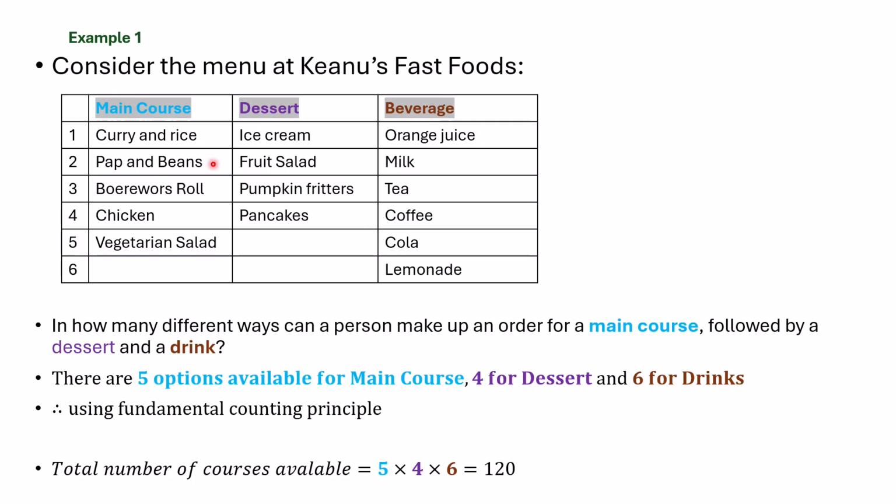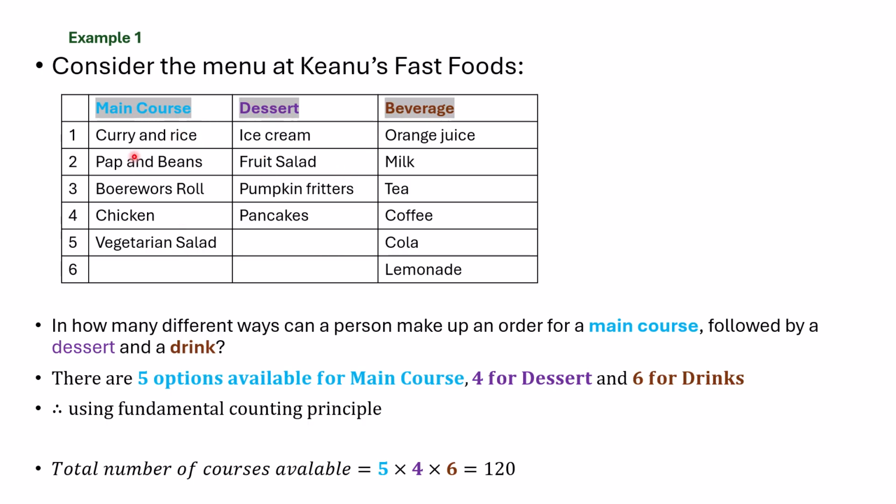So instead of you writing curry and rice with ice cream and orange juice, then curry and rice, fruit salad with orange juice, then curry and rice, pumpkin fritters with orange juice, then again curry and rice, ice cream and milk, curry and rice, fruit salad and milk, and so on. You see how long that goes? We have the shorter route, which is called the fundamental counting principle.